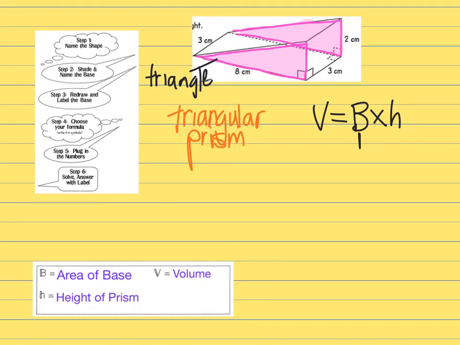And to do a triangle, it is base times height divided by 2. Or you can say half BH, whatever you like. The numbers that go with a triangle.